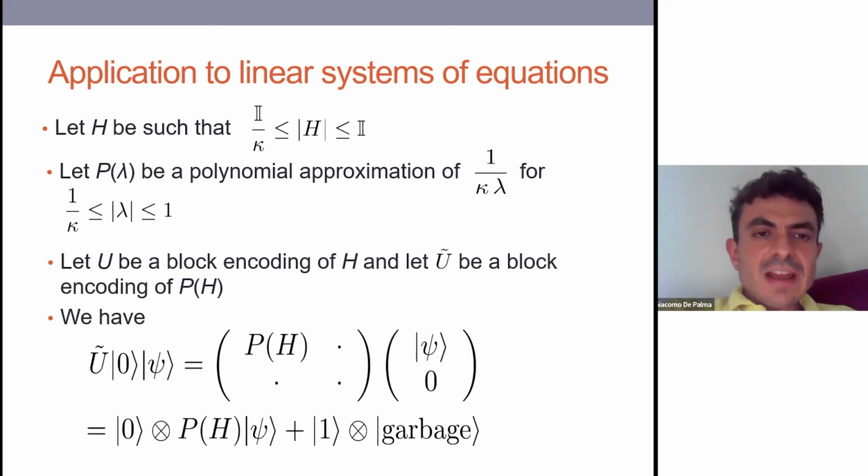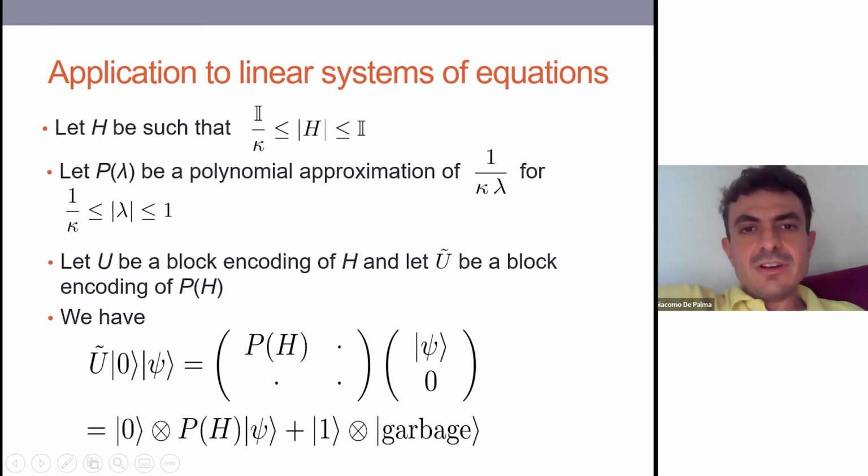Then if we want to obtain H minus 1 psi in this fashion with this eigenvalue transform, we will need a polynomial that approximates the inverse function, because of course 1 over x is not a polynomial. And actually, since all the eigenvalues of H in absolute value lie between 1 over kappa and 1, we will need an approximation of 1 over x as a polynomial only in this range.